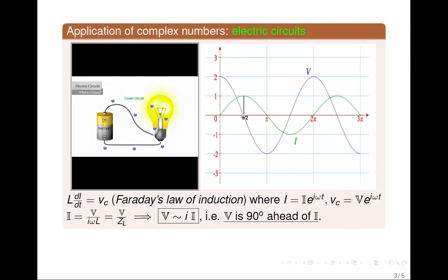So here is an application of complex numbers, and its interpretation becomes clear with the help of an electrical circuit.